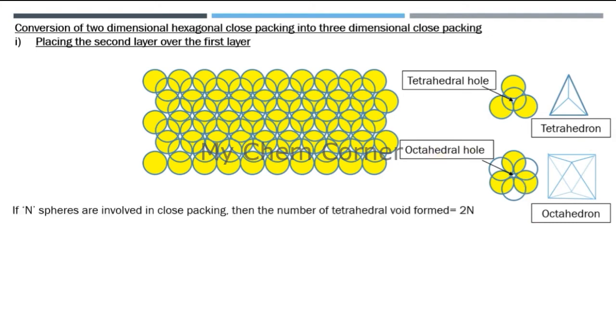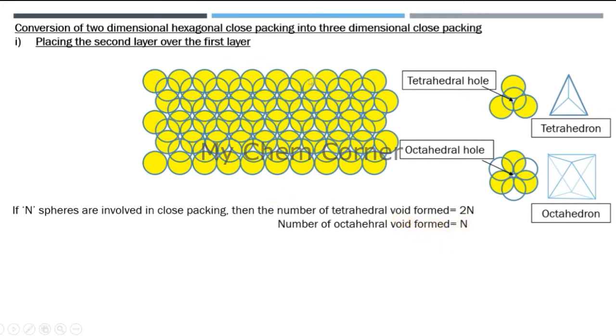Now if you're looking at the total number of octahedral and tetrahedral voids, say in the entire close packing I have n spheres, we don't know the exact number, so we're just calling it n spheres. So if n spheres are there in the close packing, then the total number of tetrahedral voids will be 2n, double the number, and the number of octahedral voids will be only n.